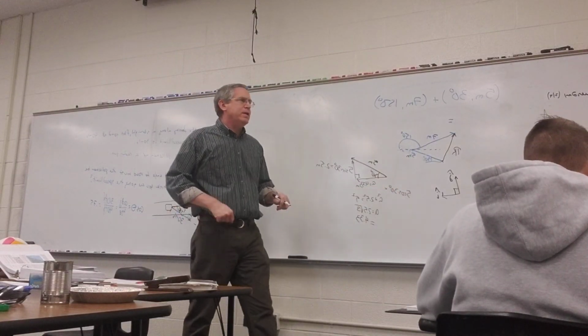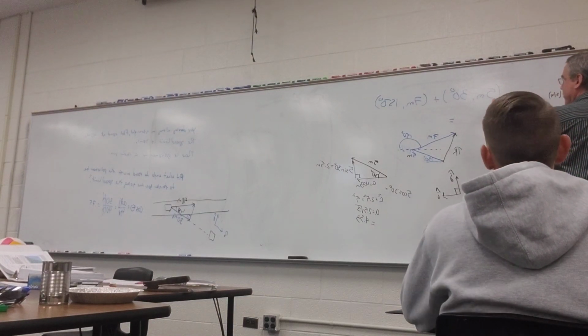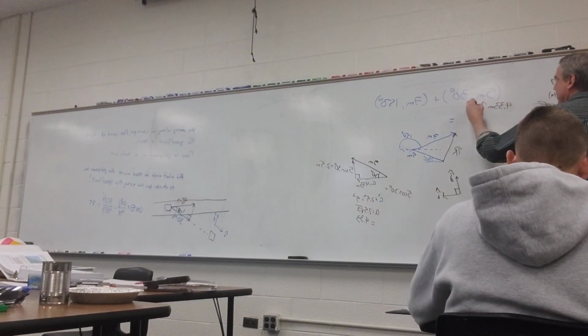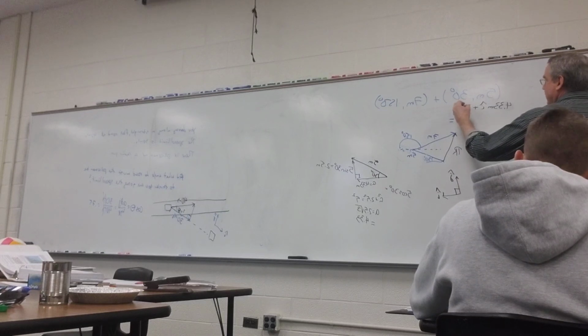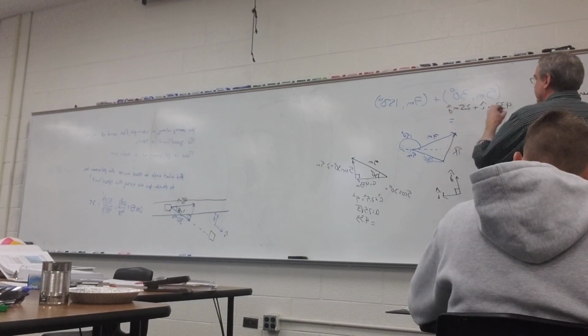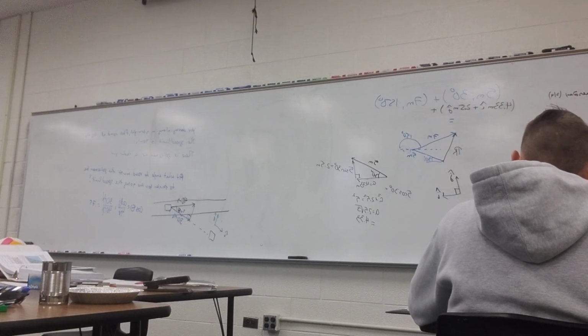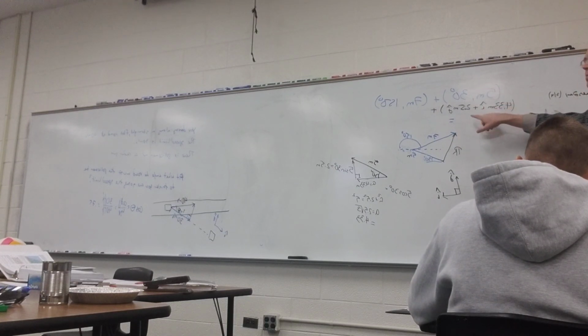So what we're claiming here is that this first vector we can rewrite as 4.33 meters I hat plus 2.5 meters J hat. This is just polar form and rectangular form.